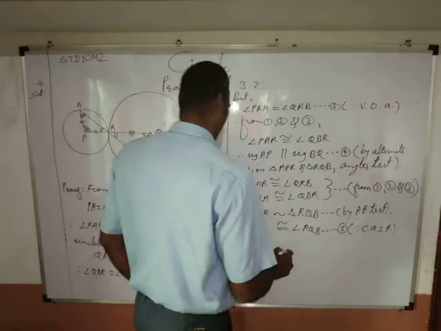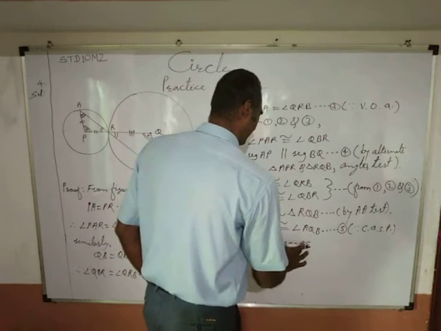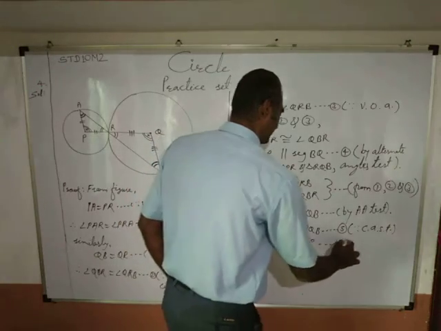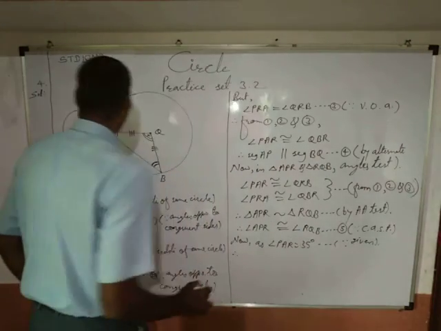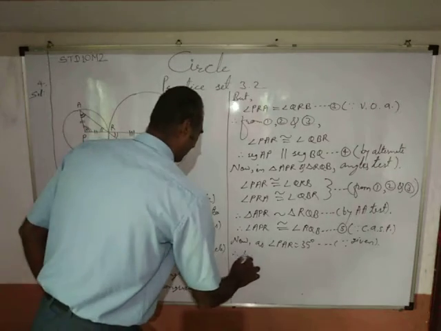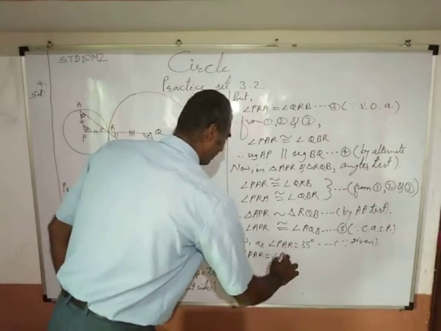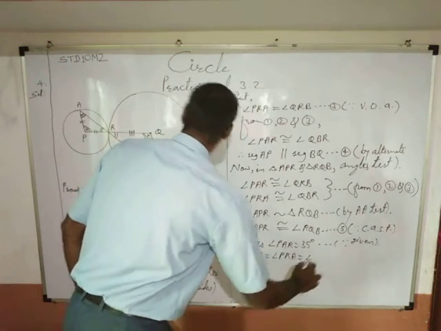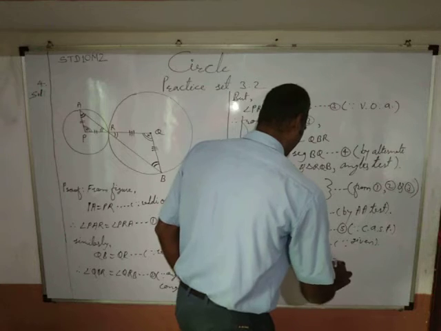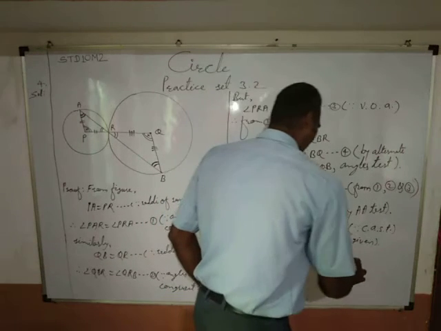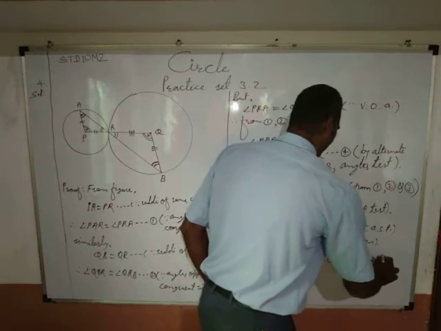As angle PAR equals 35 degree, since it is given, we may mention angle PAR equals angle PRA equals angle QRB equals angle QBR equals 35 degree.